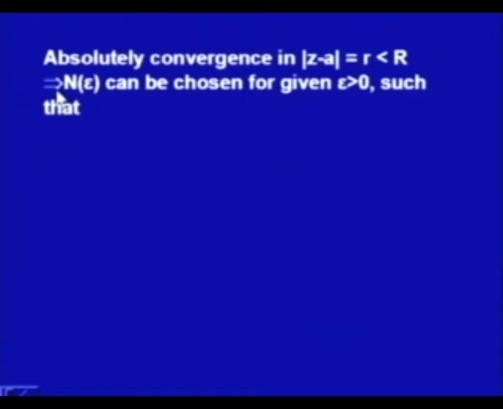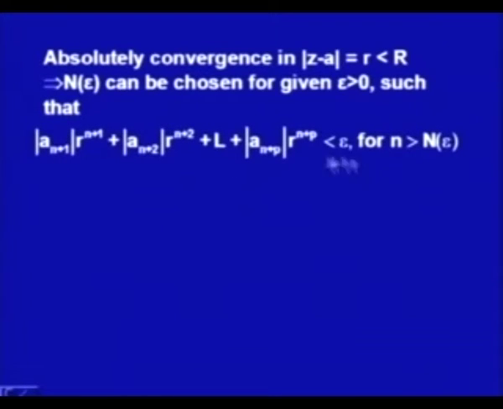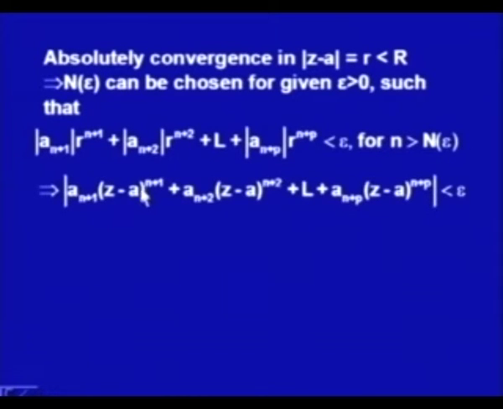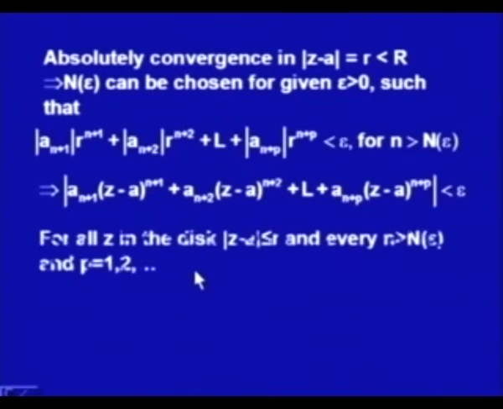So, we can say that n epsilon can be chosen for given epsilon positive such that this condition is satisfied for n greater than n epsilon. That means we can find n such that this condition is satisfied.